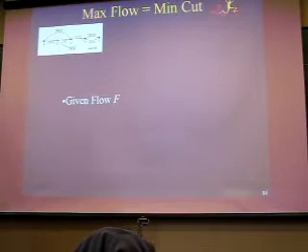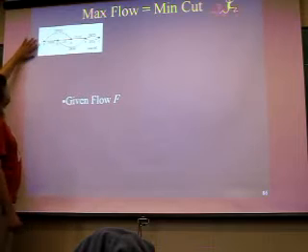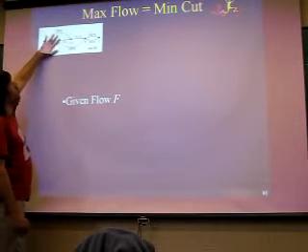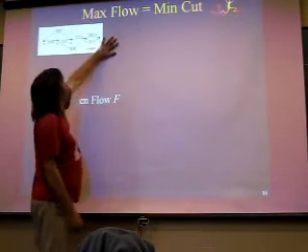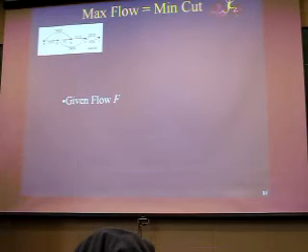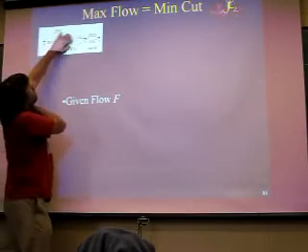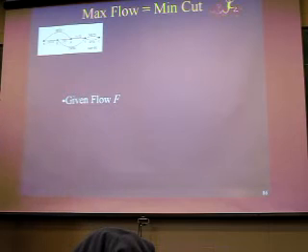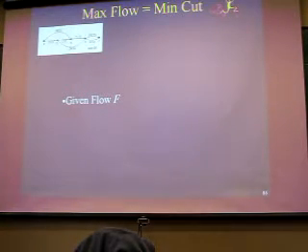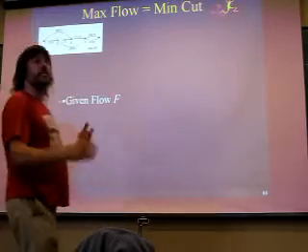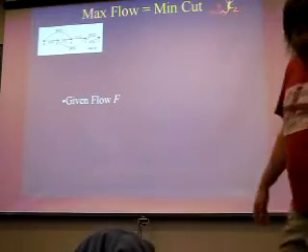Where that is not true is S, where the flow out is 50, and T, where the flow in is 50. So the current flow is 50. People get that? And your goal is to find the flow that maximizes the flow into T.